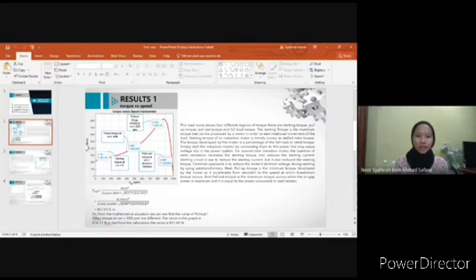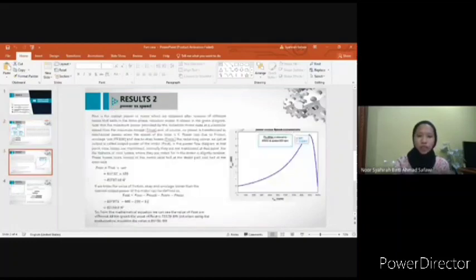So as we can see, we get a different value from the mathematical equation and from the graph. From the graph we got 818.12 Nm, but from the calculation we got 817.02.